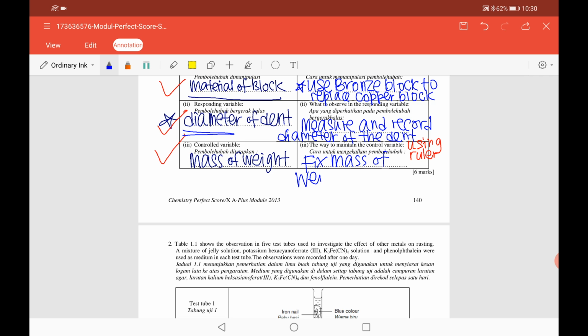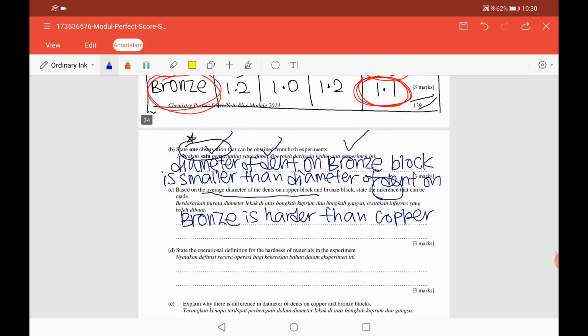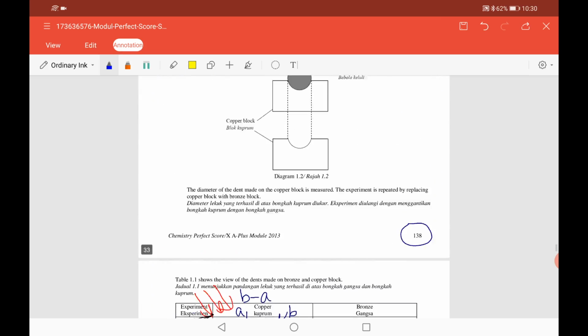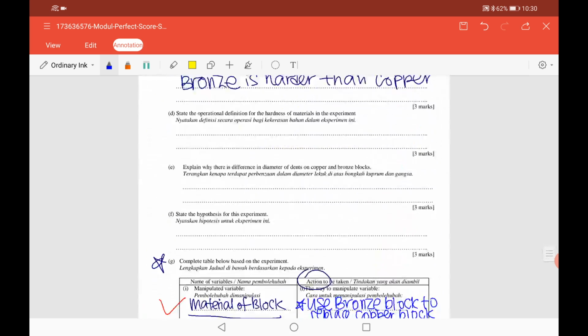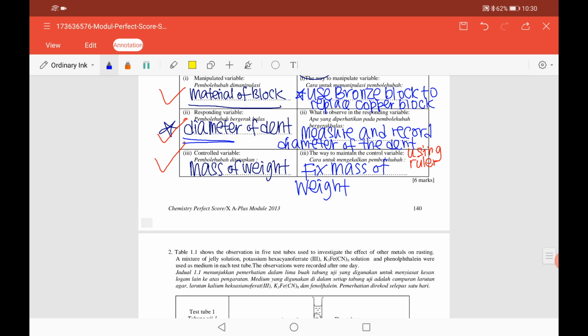And you must tell people clearly what is the mass of the weight that you need to fix. If you look back, the question does mention that the weight is 1 kilogram. So your answer must be as detailed as possible.